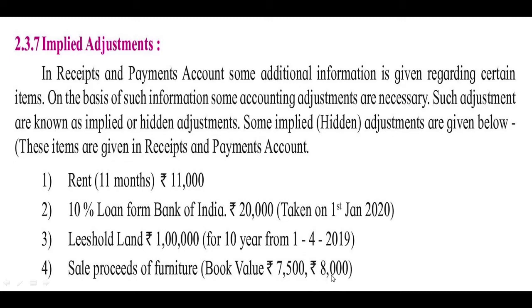From that we have to subtract the book value, 7,500. Book value is not the original value, it is the value after deducting the depreciation. It is called net book value. So this is the value of furniture on the day it was sold, and it is sold for 8,000. So 500 is the profit on sale of furniture. Now we are going to learn how to give effects to these adjustments.